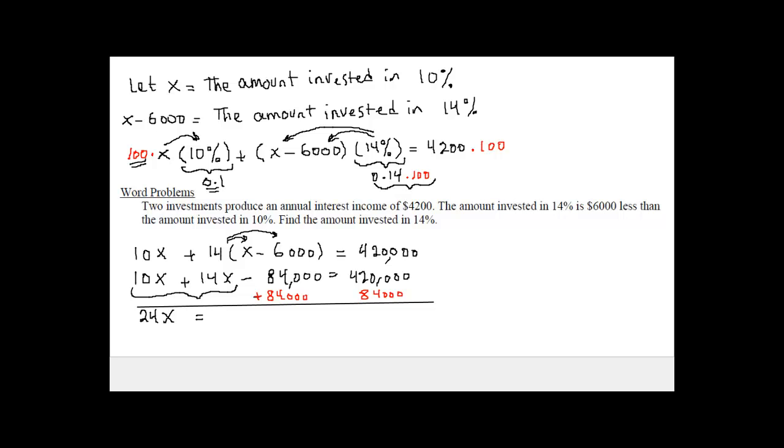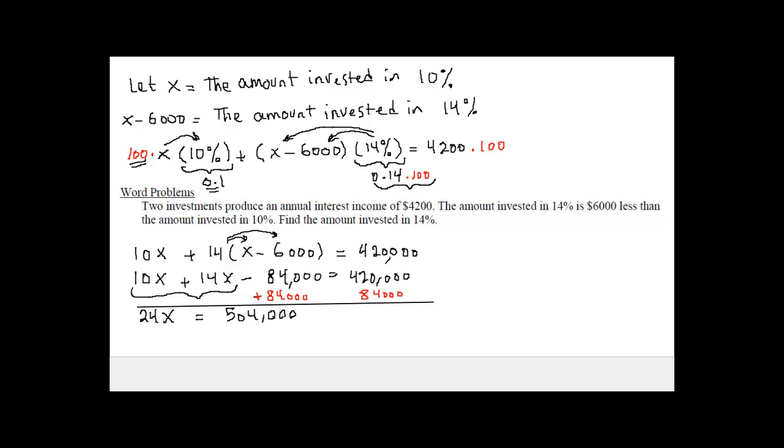So on the left-hand side, we have 10x plus 14x, that gives me 24x. And on the right-hand side, I would get 504,000.